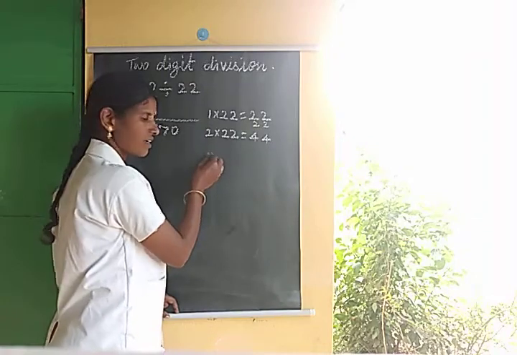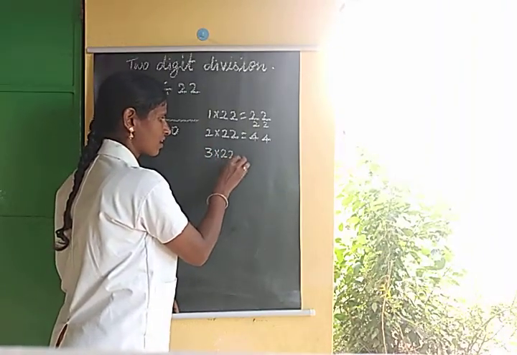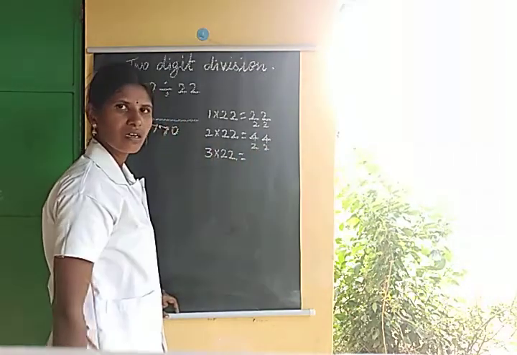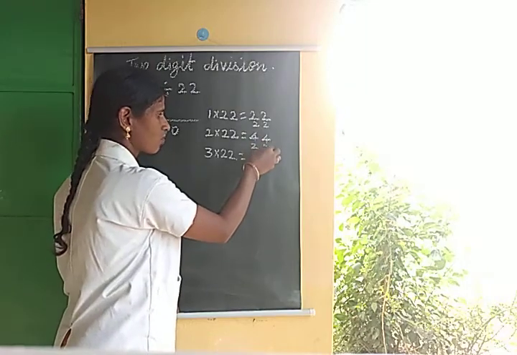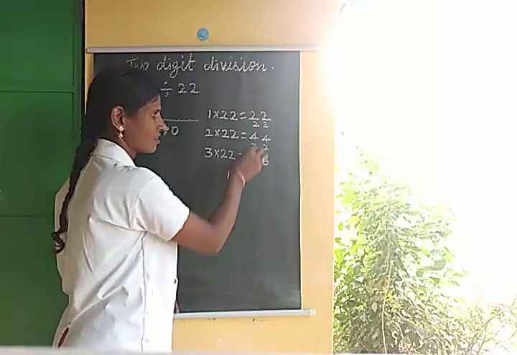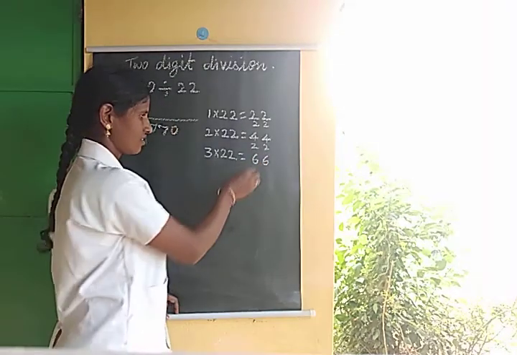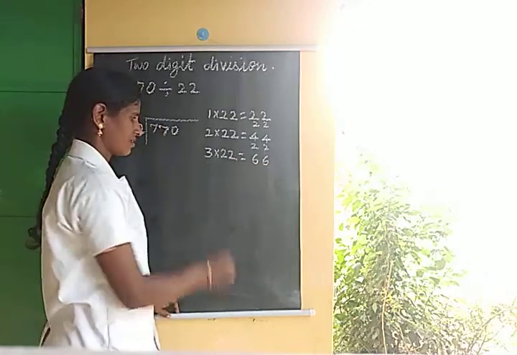Leave a little gap and write the third step. 3 22s are equal to 22 plus 44. Write here small. Now we have to add these two only. 4 plus 2 is 6, so 3 22s are 66.